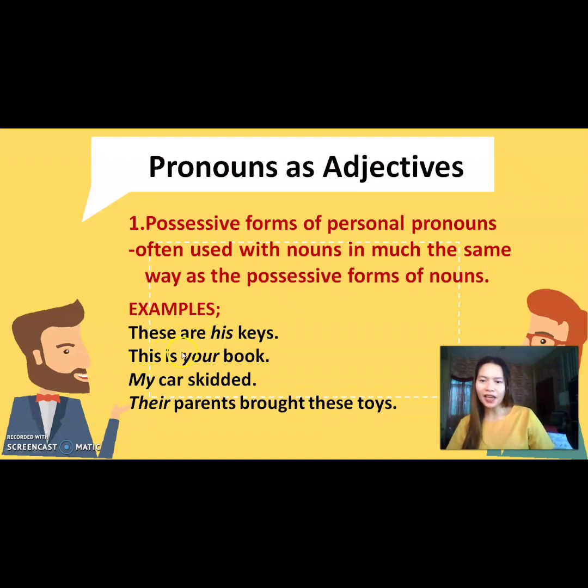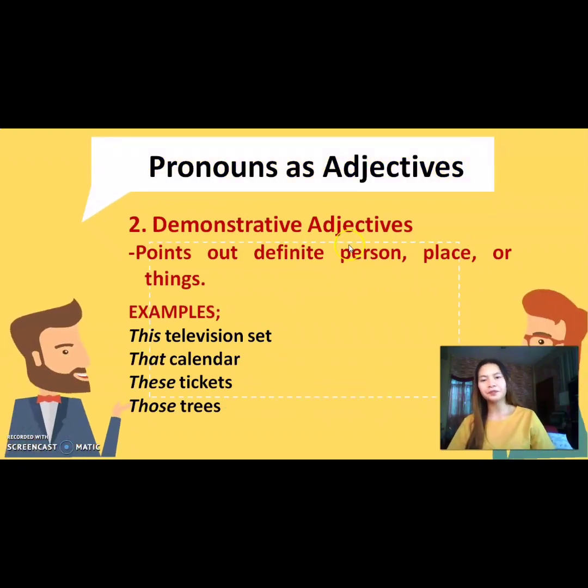This is your book. My car skated. Their parents brought these toys. So meaning to say that we have here his, your, my, and their as our example of possessive forms of personal pronouns.